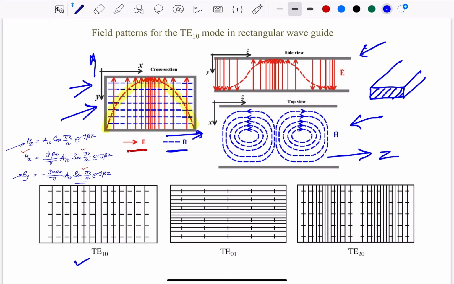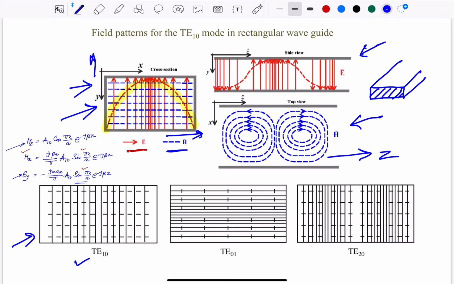And you will see these vertical lines represent the electric field, and the horizontal lines represent the magnetic field. So if you move along the x direction, you will find the experience in the x direction only, correct?